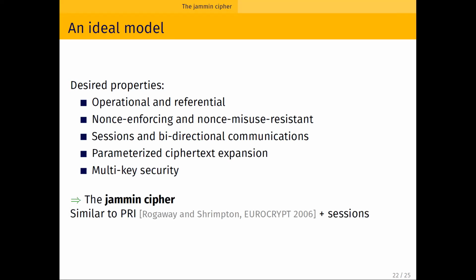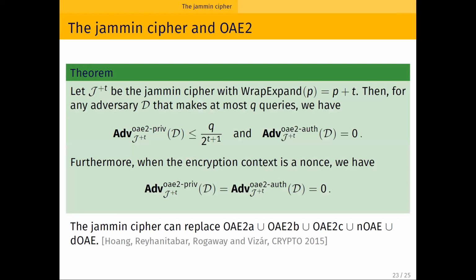And the result is the jamming cipher. I'm not giving the details, so please go to the paper to have all the details. But essentially, it's similar to a pseudo-random injection model, but with the support of sessions. We show that it's close to OAE by proving this theorem. So in one model you can replace all the different flavors of OAE2 with just this one.